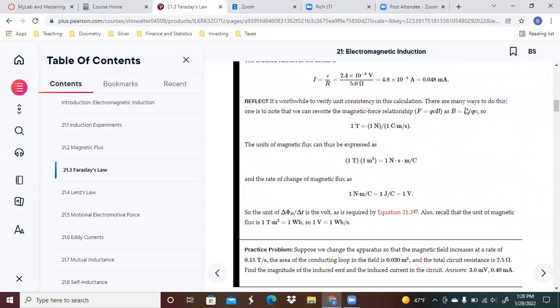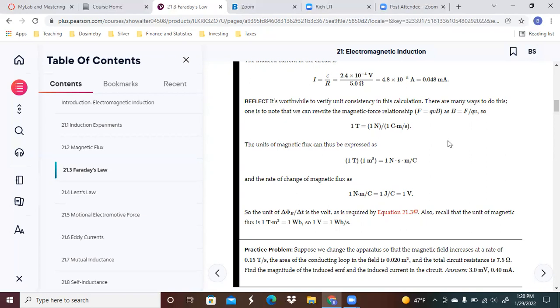Now, this is going to verify the unit consistency in the calculation. That's something that, when you go through the problem, you might not necessarily think about, but if you go back through, you want to be able to connect the concepts in physics.